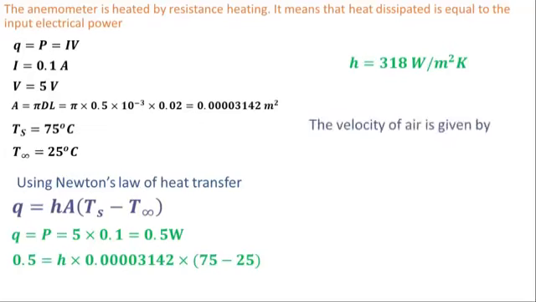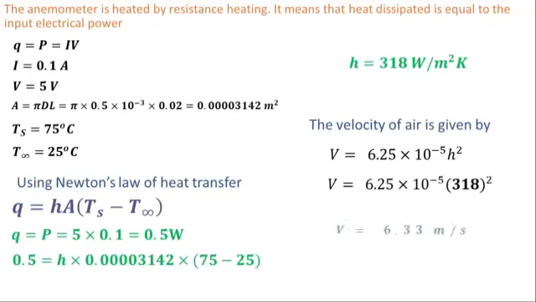Now the velocity of air is given by 6.25 times 10 to the power minus 5 times h square. We put the value of h, the convective heat transfer coefficient, in this equation, and the velocity of air comes out to be 6.33 meter per second.